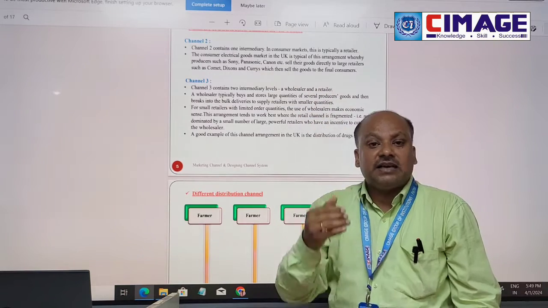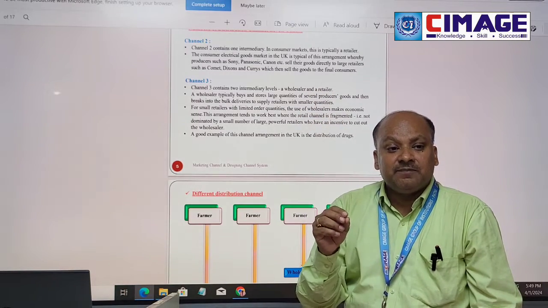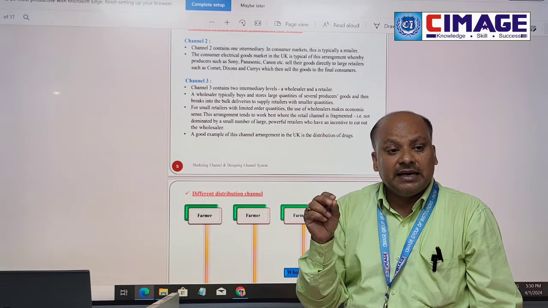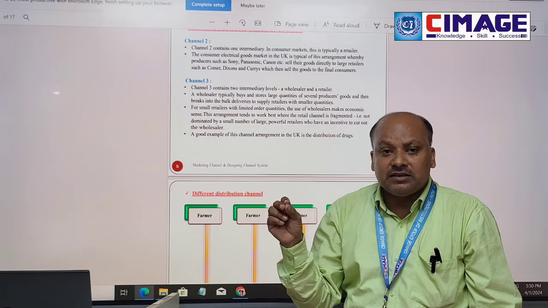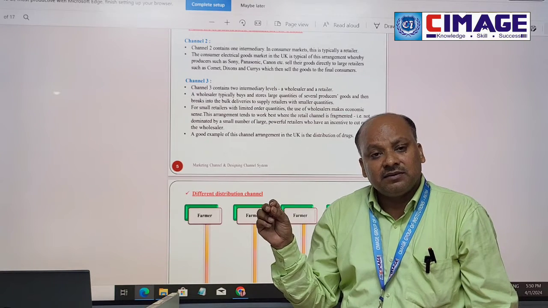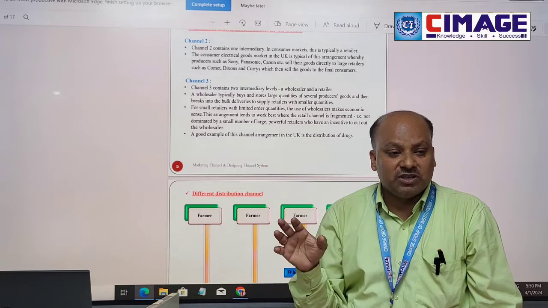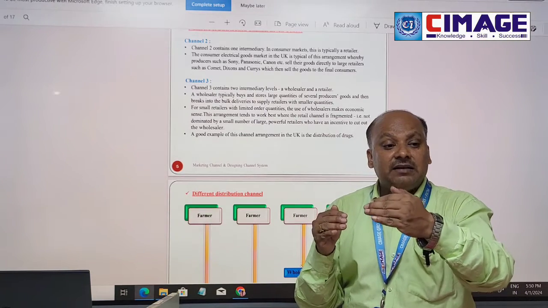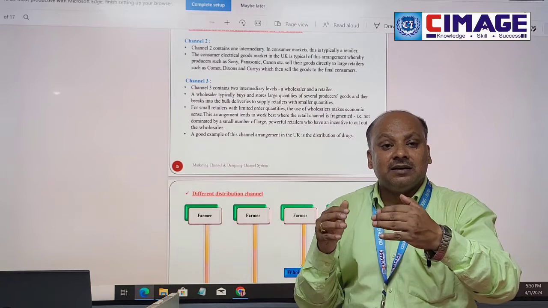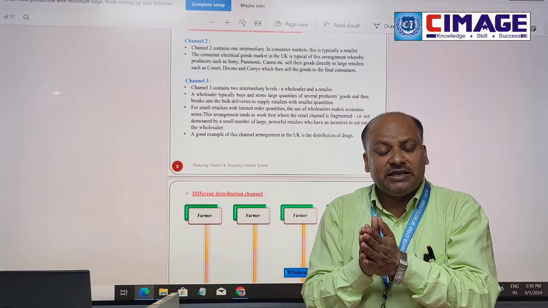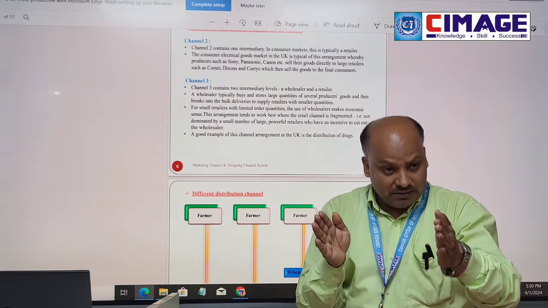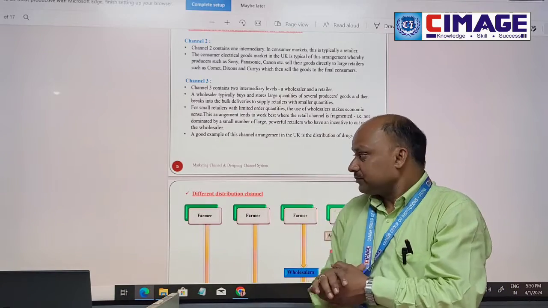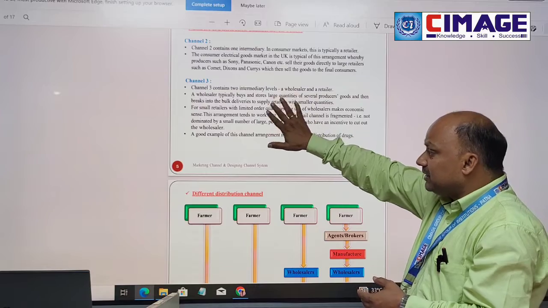In another channel, the manufacturer has a distributor, the wholesaler, and after that the jobber, and then it reaches the retailer, and then the goods reach the end user. So we can see that with one channel, two channels, three channels, there are n number of intermediaries between the manufacturer and the end user. This is how distribution is possible through these channels.